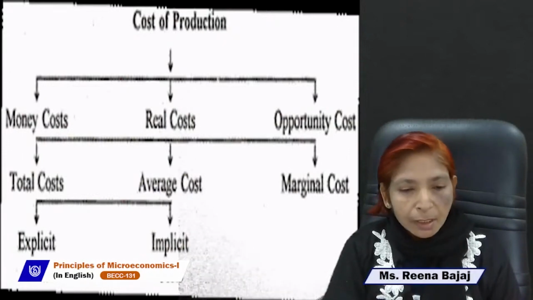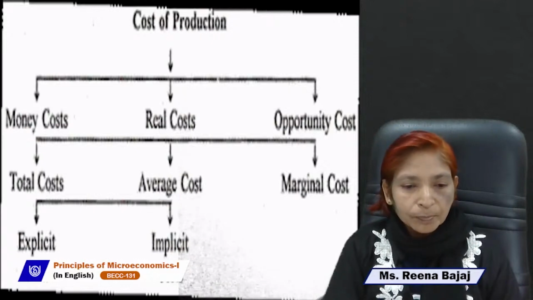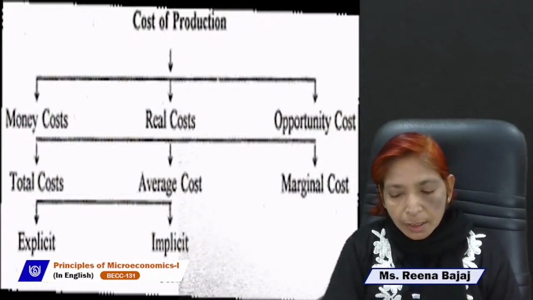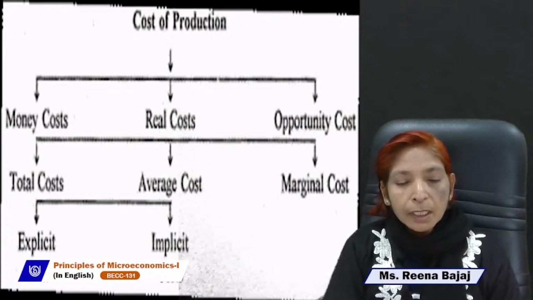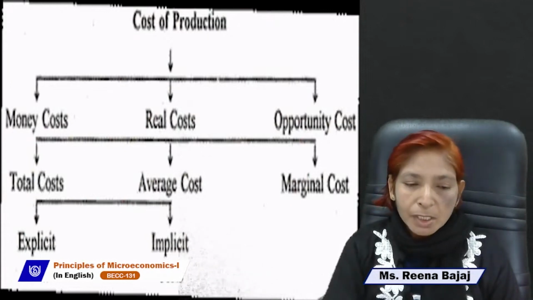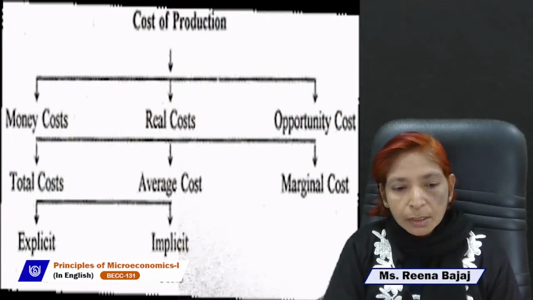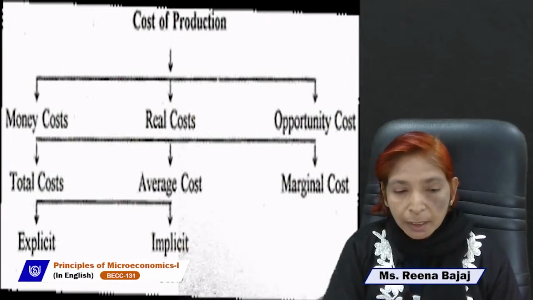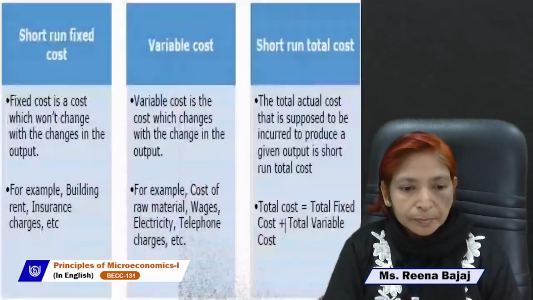For example, if a producer uses his own land for the production of goods, he will not pay rent to himself. But if he hires land from any other person, he must pay rent. So implicit cost can't be seen, but it exists. So these are the types of cost.